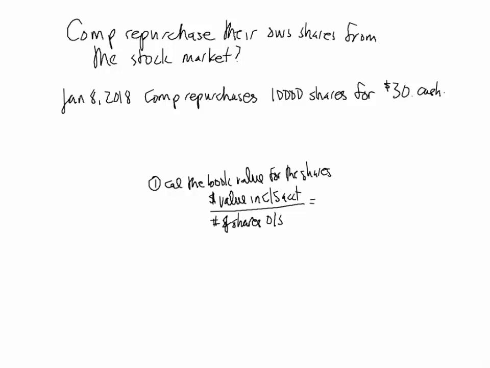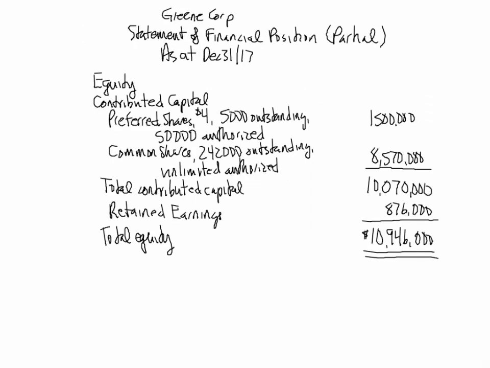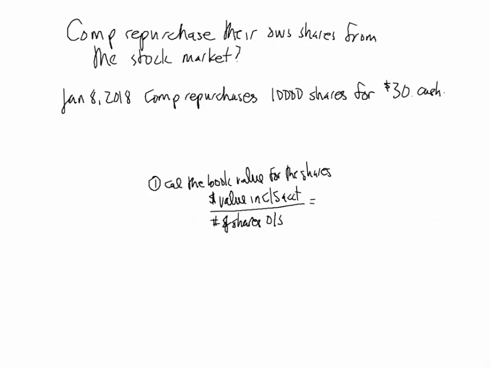We can do this using our T account, but we can also do it using this. We have 8,570,000 divided by 242,000 shares. What is the value per share rounded to 2 decimal places? Can somebody tell me? 35.41.